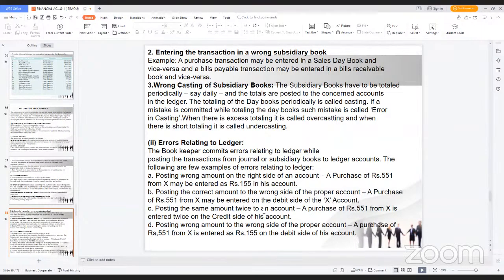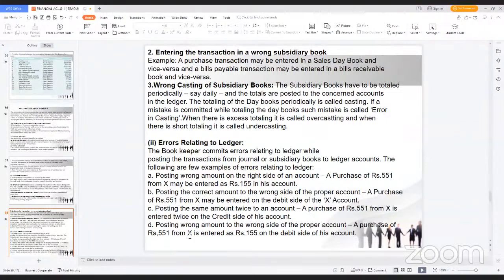And posting the correct amount to the wrong side. Wrong side means A purchased ₹551 from X must be entered on the debit side of X, but wrongly, you have written on the credit side.